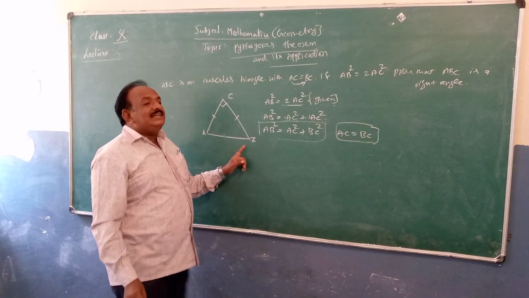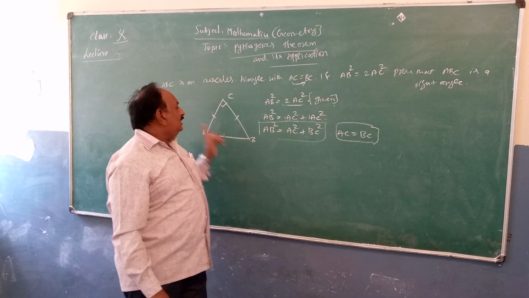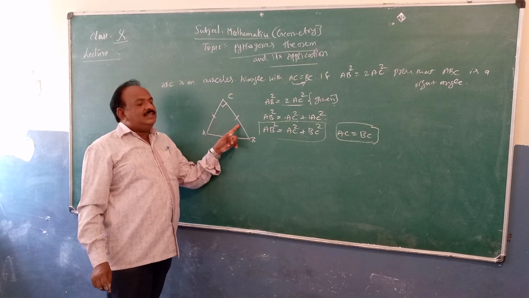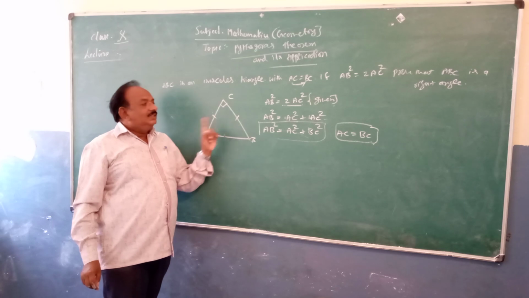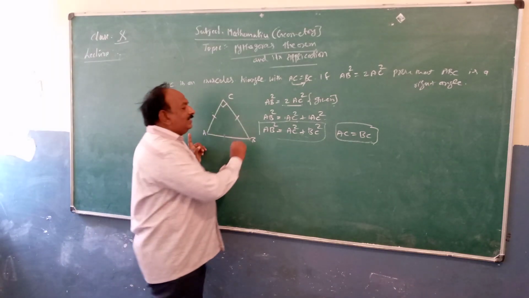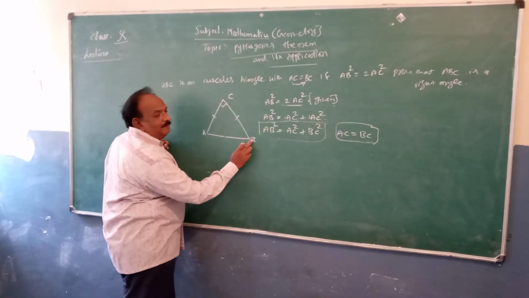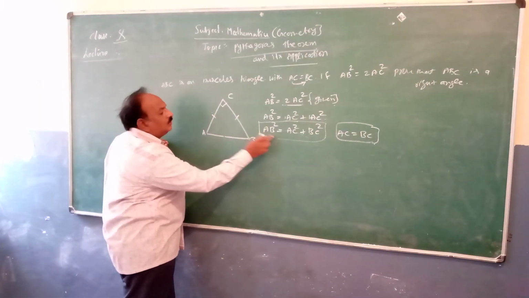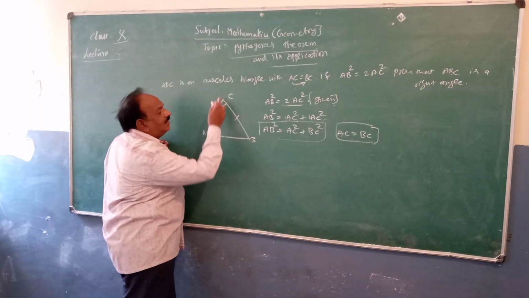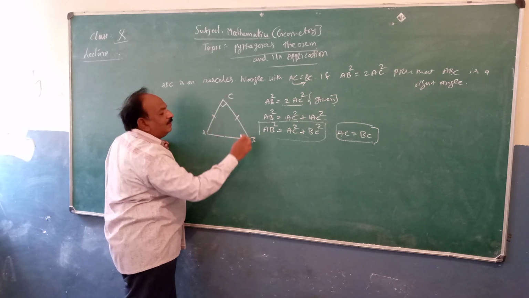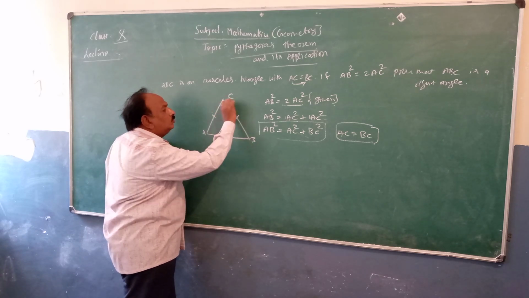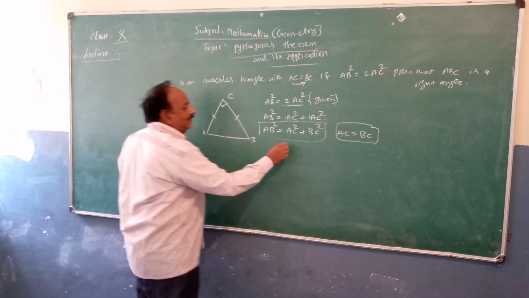Square on the longest side of the triangle is equal to sum of the squares on other two sides. AB is the longest side, is equal to sum of the squares on other two sides, AC square plus BC square.